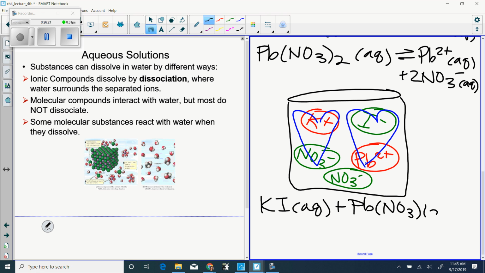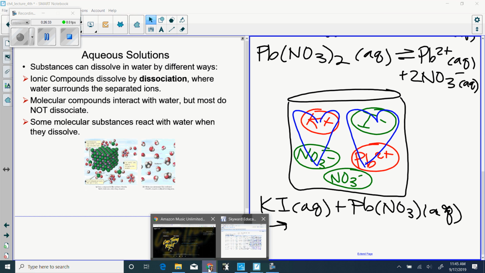They were both dissolved in water, so all these ions went in there. Go ahead with your battle buddy and write your two products and figure out phases. Which one was insoluble? Which one is the yellow powder?